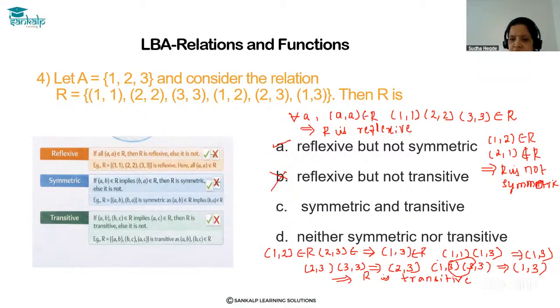Symmetric and transitive, but R is not symmetric, therefore it is not true. Neither symmetric nor transitive. It is not symmetric, but it is transitive. So the last option is also wrong. Therefore, the final answer, option A, R is reflexive but not symmetric.